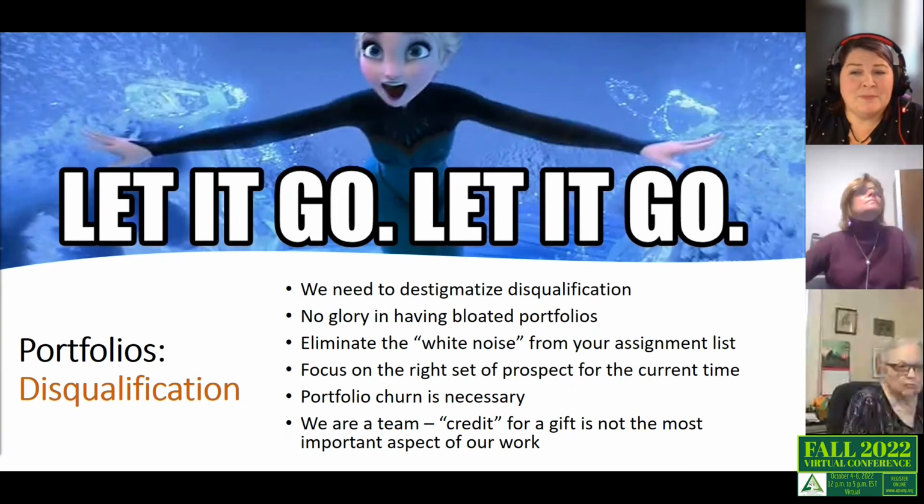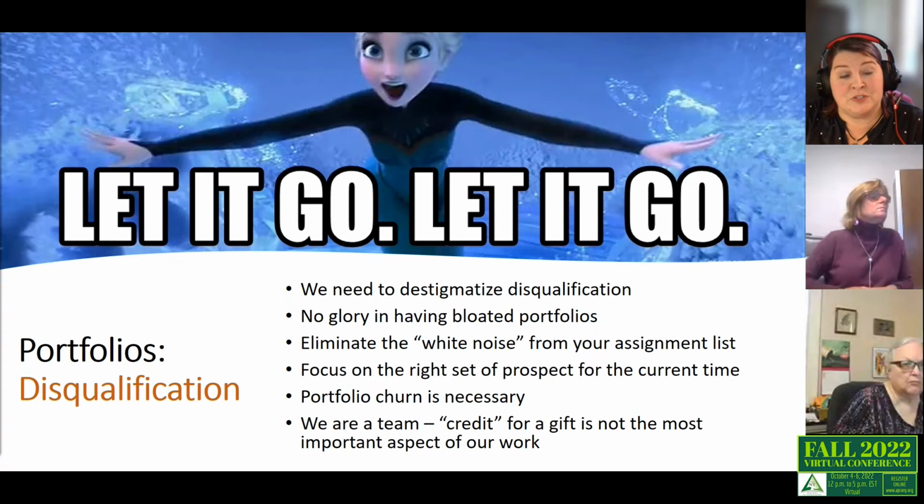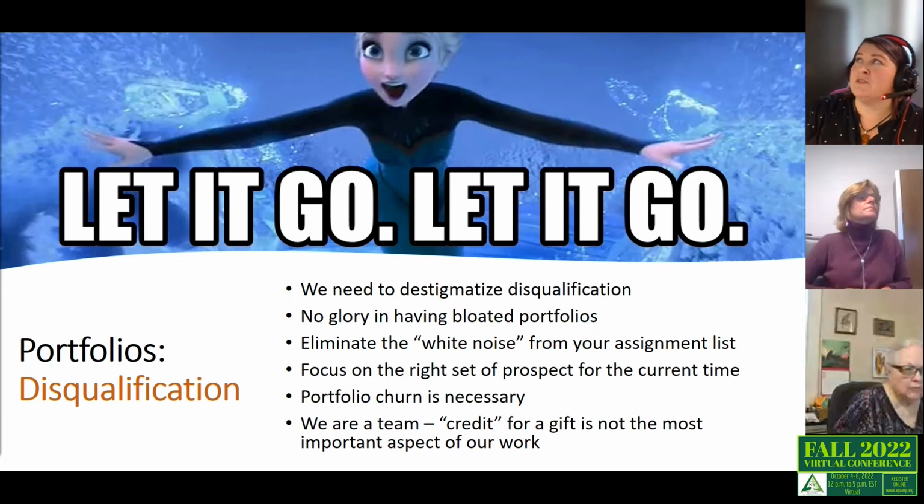We also cannot keep going back to the same set of donors ad nauseum, because at some point they're going to be done giving to us, and we'll have missed the chance to properly cultivate and steward the next set of amazing donors. A lot of folks are still looking at people, if you're in education, and there's reasons to do so because some of them are still good, but if you're looking at people primarily in the 60s and 70s classes, you've got to start looking at the 90s and the zeros.